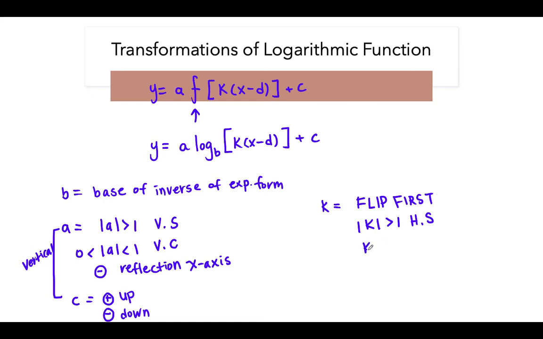If k is in between 0 and 1, then it's a horizontal compression. It's the same thing, but you just have to remember to do the reciprocal for k. And if there's a negative right beside k, that means it's a reflection through the y-axis.